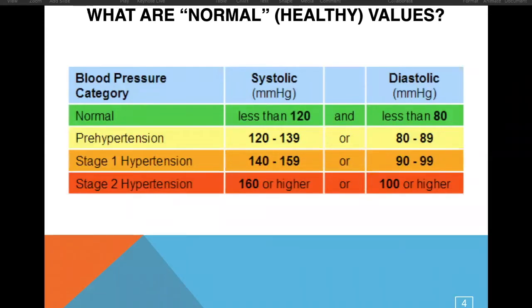When we start talking about hypertension, we think about a systolic of 120 to 139, over a diastolic of 80 to 89. If you have a resting blood pressure in those ranges, physicians tend to think that you have pre-hypertension. As those numbers get higher, you have levels of hypertension.